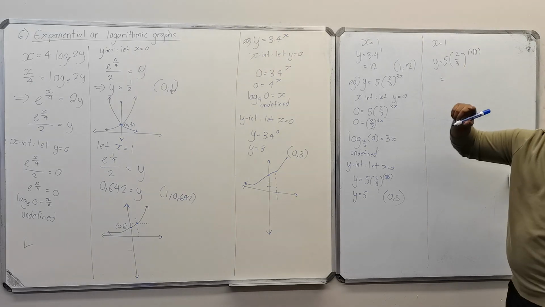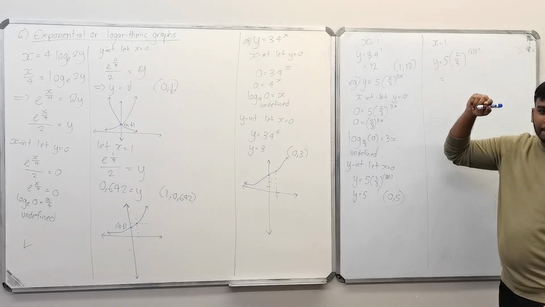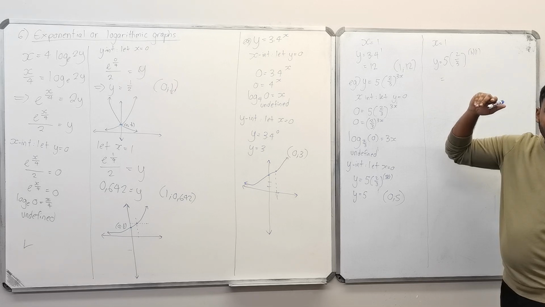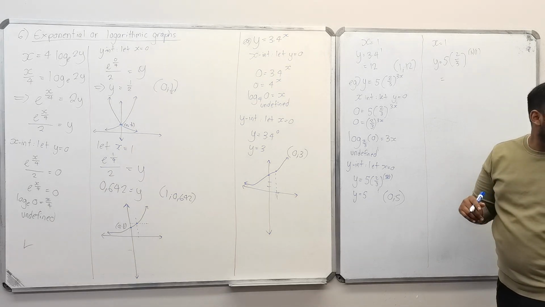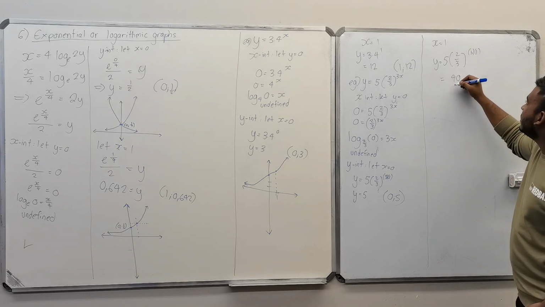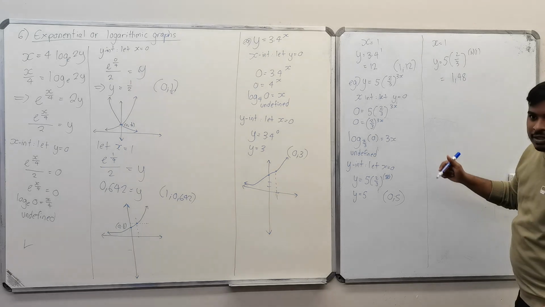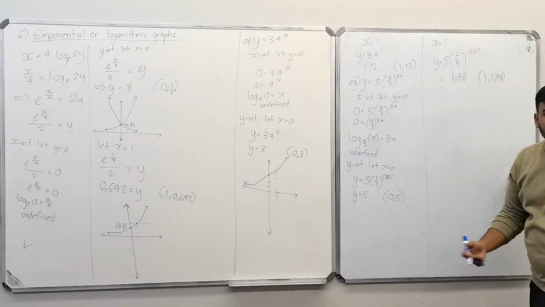So 3 times 1 is 3, 2 over 3 to the power 3 is 8 over 27, times 5, is 40 over 27, which as a decimal is 1.48. So now we got 2 points. Our point is 1 and 1.48, and our other point is 0 and 5.